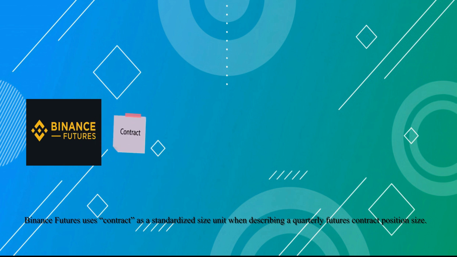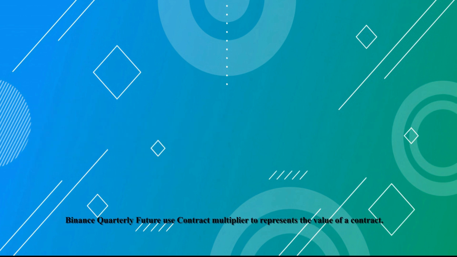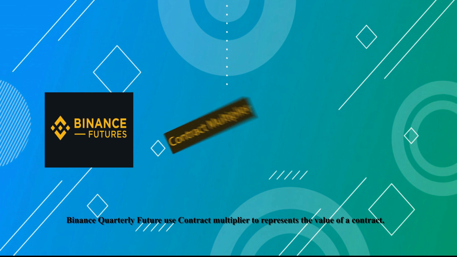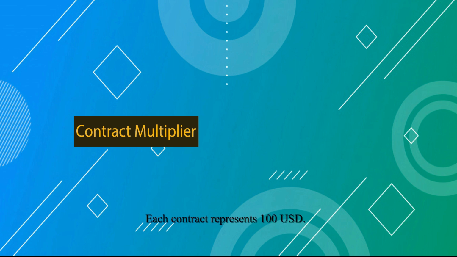Size unit. Binance Futures uses contract as a standardized size unit when describing a quarterly futures contract position size. Contract multiplier. Binance Quarterly Futures use a contract multiplier to represent the value of a contract. Each contract represents 100 USD.